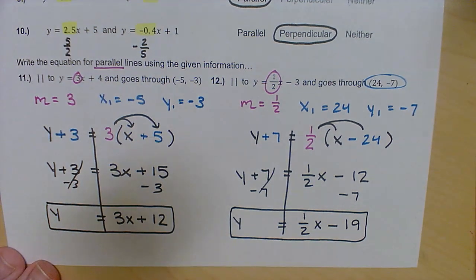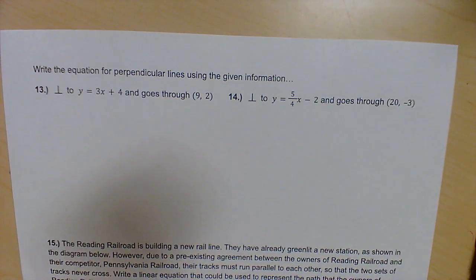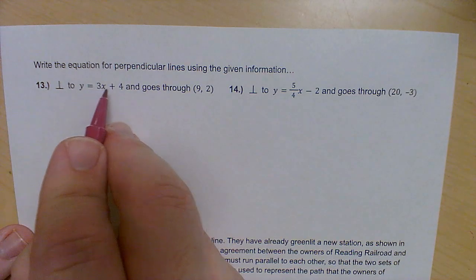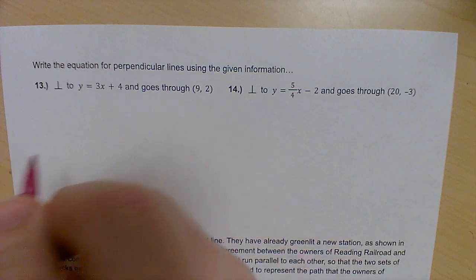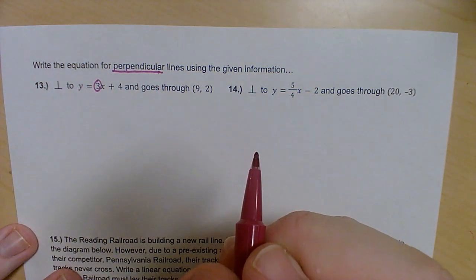On the back, we had 2 more that we wanted to write the equation of a perpendicular line. So, for number 13, perpendicular to y equals 3x plus 4 and goes through 9, 2. So, if we want to go perpendicular, we're not going to just use the slope as 3.